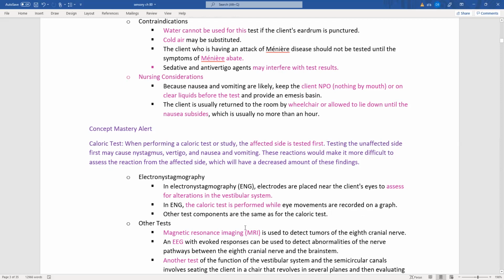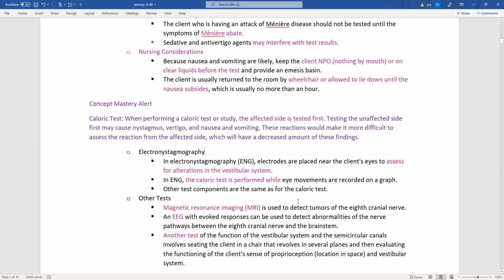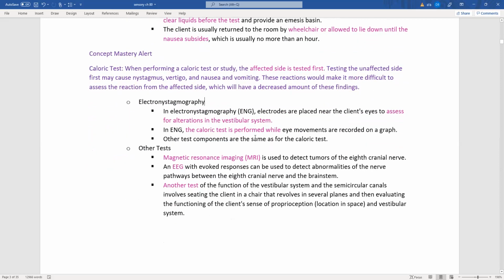Other test components are the same as for the caloric test.